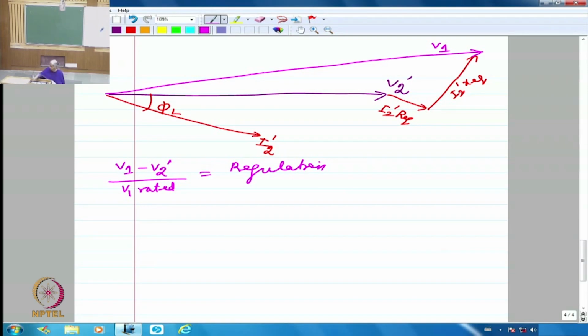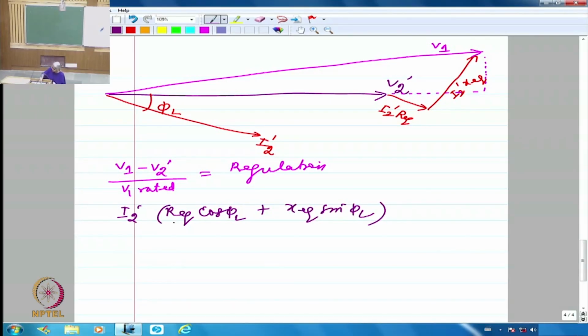And when we actually calculated, we said we can neglect this vertical portion. That's how we got the expression I2 dash times R equivalent cos phi L plus X equivalent sin phi L, divided by V1 rated. This is approximately the regulation.